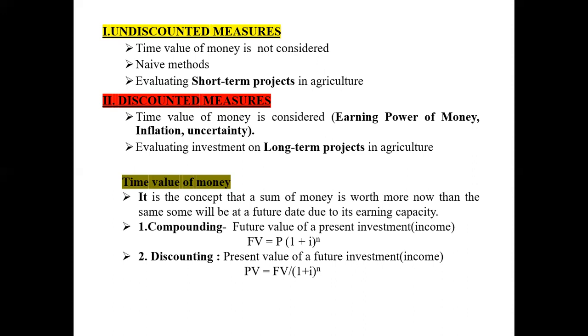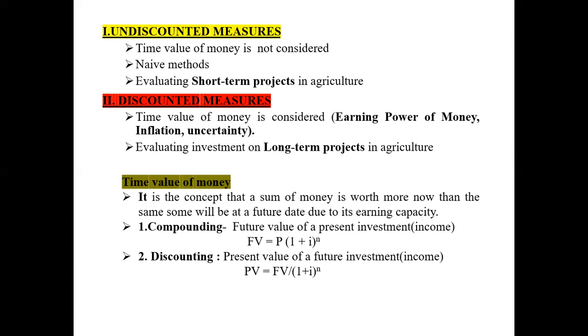What is the meaning of time value of money? It is the concept that a sum of money today is worth more than the same sum of money at a future date. In the time value of money, there are two types: compounding and discounting. Compounding means finding the future value of present income or investment.